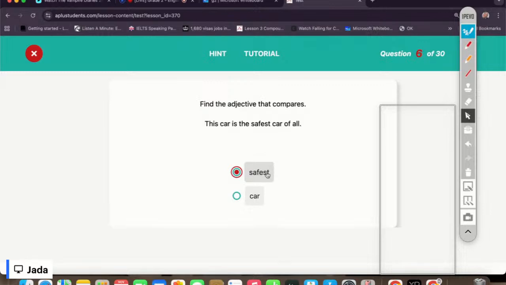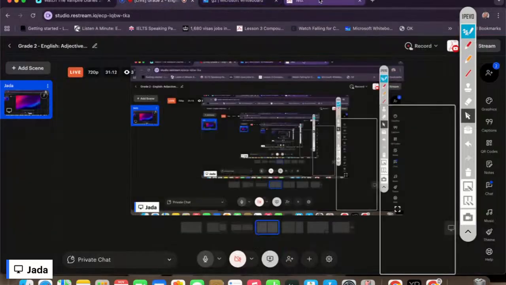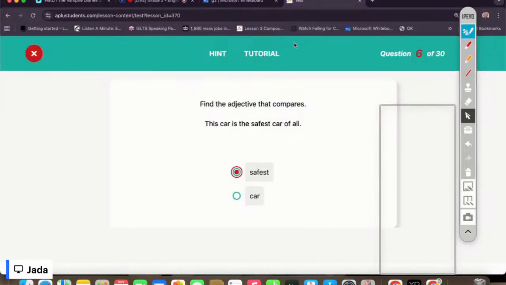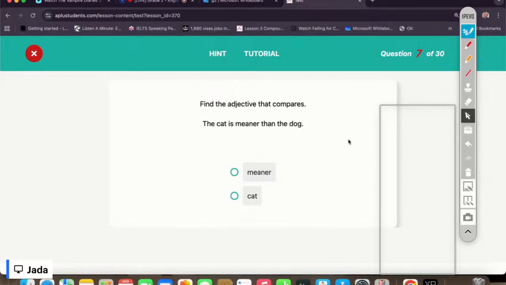So we have safest. Then the cat is meaner than the dog. Meaner or cat? What's the adjective here?